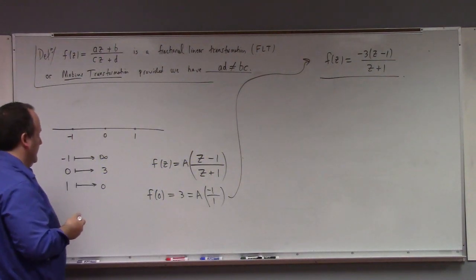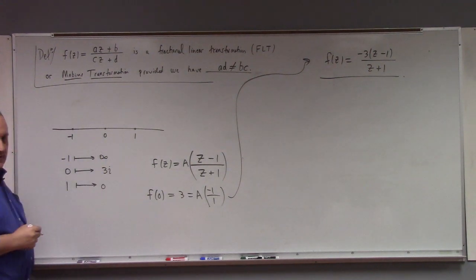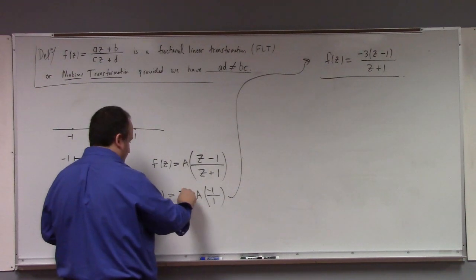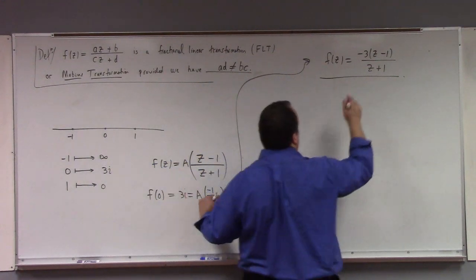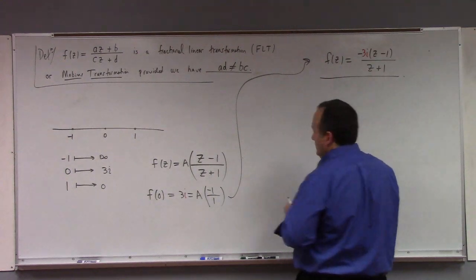Right? Or let's make it more interesting. Let's map it to 3i. There we go. How would that change things? So put an i here, which means a is equal to, that just literally just slaps an i there. Okay.